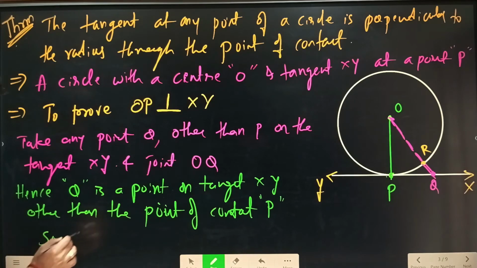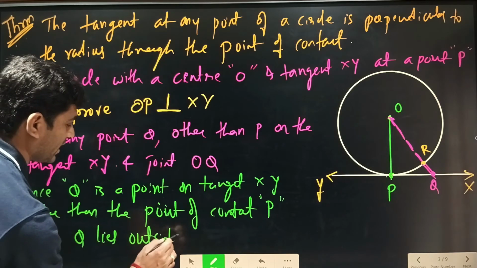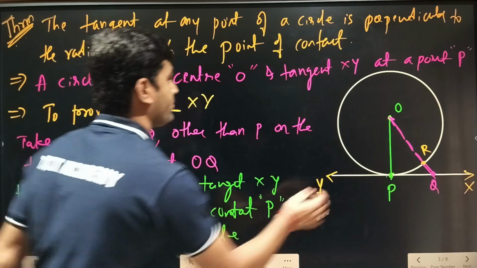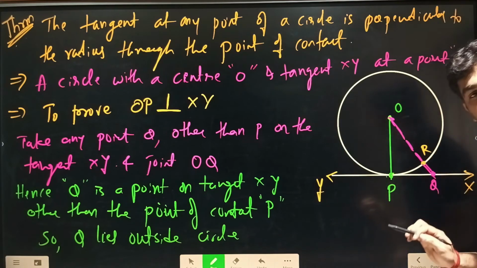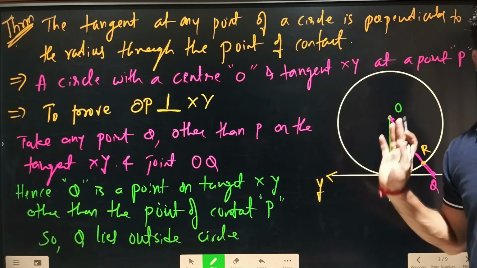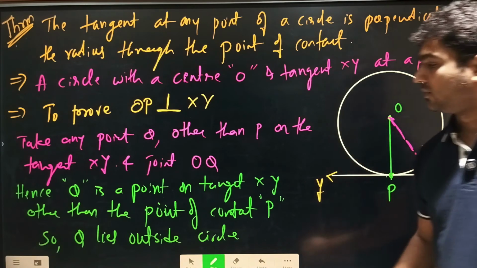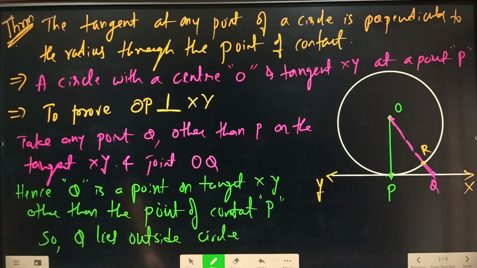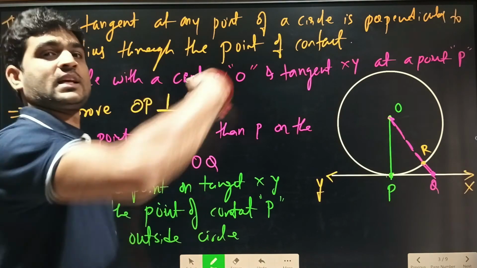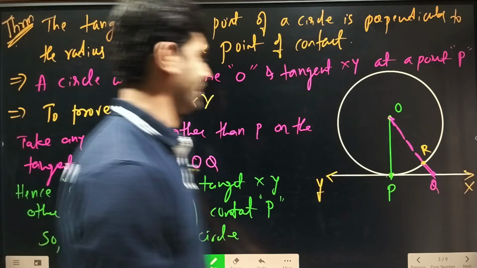So Q lies outside the circle, agree? Dear students, observe carefully: any point other than P must lie outside the circle only, it has to leave the circle. Or else Q lies outside the circle. This is the basic thing.